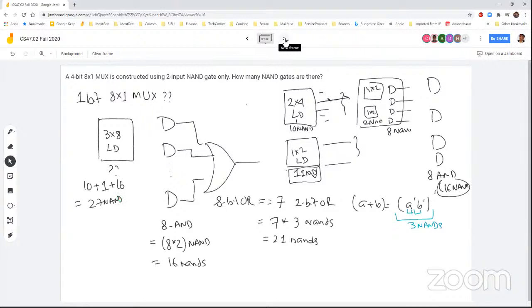So adding them together, 27, 16, 21. So we have total 27 plus 16 plus 21, which equals 27, 37, 43, 44, 64 NANDs.